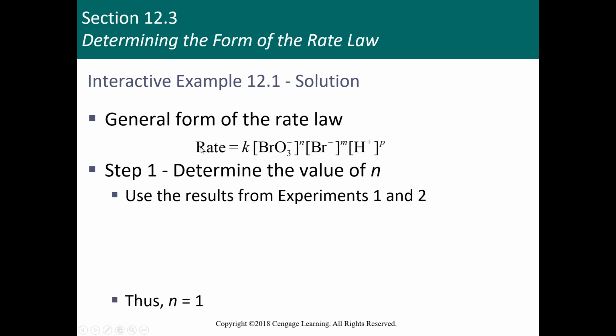So right here we have a rate law. It's always going to be rate equals small k, the concentration of the first reactant to its order, the concentration of the second reactant to its order, concentration of the third reactant to its order. And you would keep putting in each reactant to its order, okay?